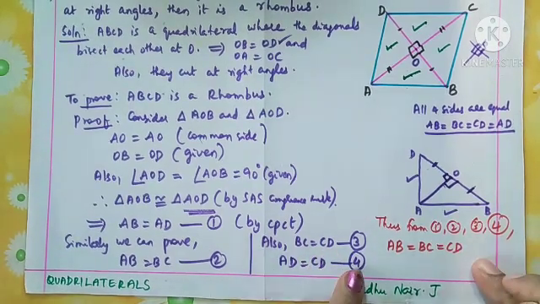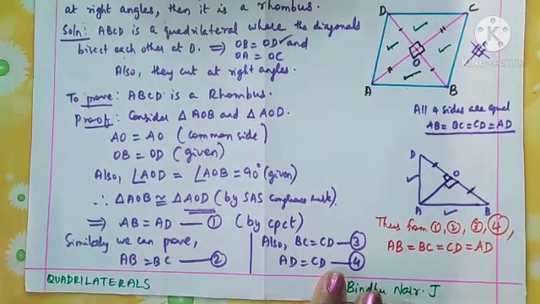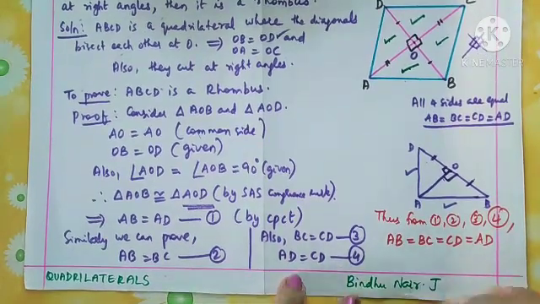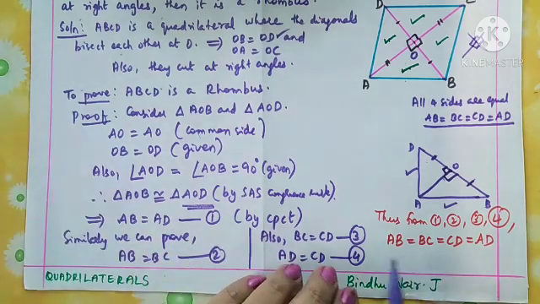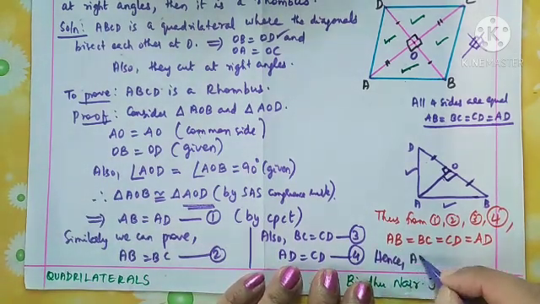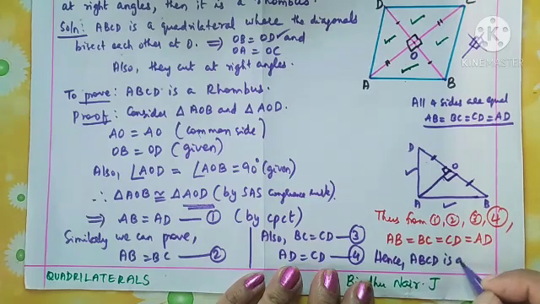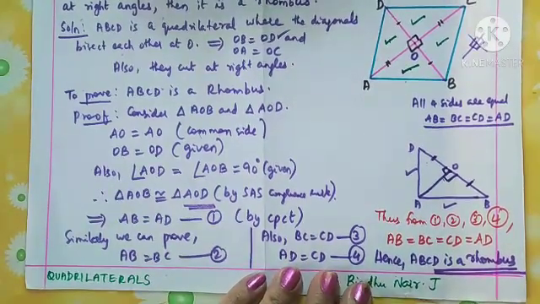And what is the fourth equation telling? This CD is equal to AD. CD is equal to AD. Understand? So when you combine all these four results, we got these four sides are equal to each other. Hence we can say our ABCD is a rhombus. All the four sides are equal. So therefore this is a rhombus.